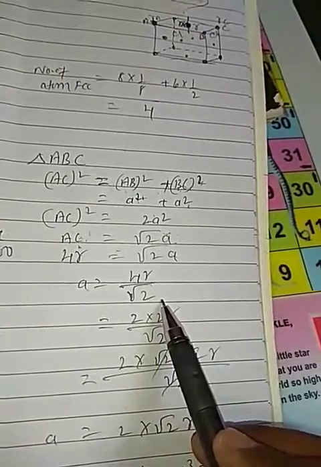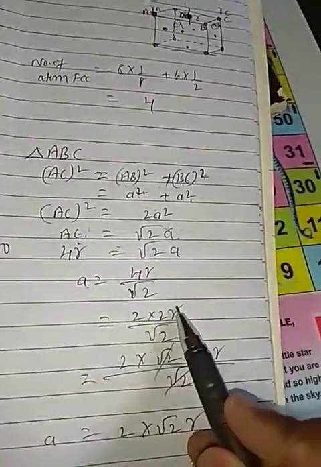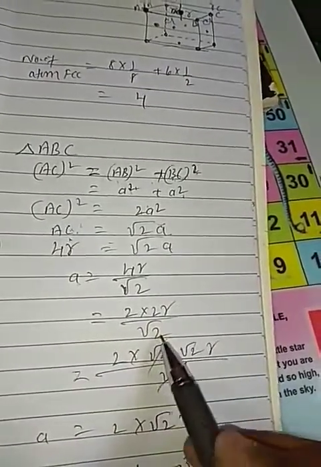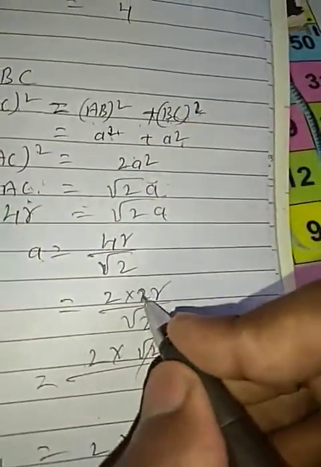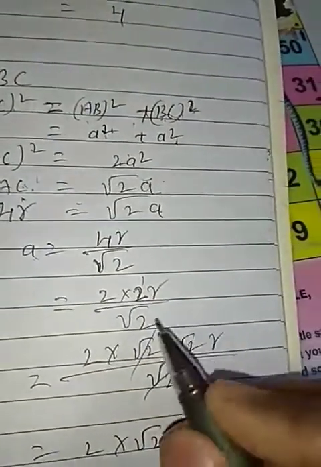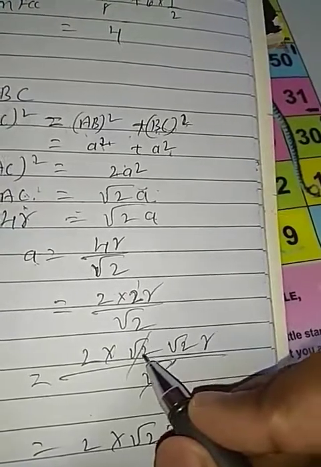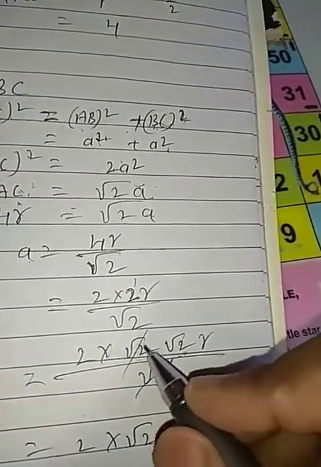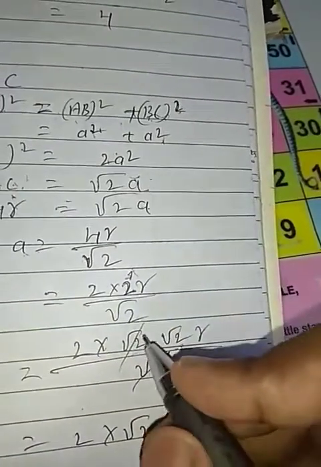A is 4R by root 2. So 4R is taken as 2 into root 2 into 2R, by root 2. Here 2 has the power 1. Can we split it? The power is 1, the base is the same, so split 1 into 1 by 2. So the power half means root.